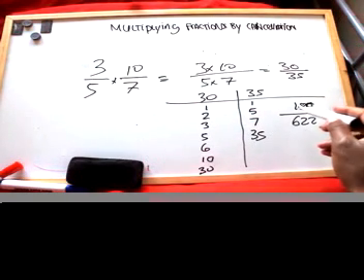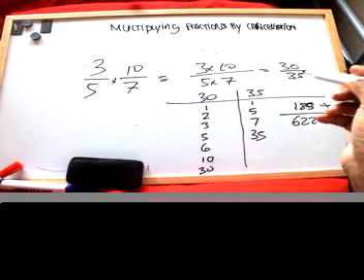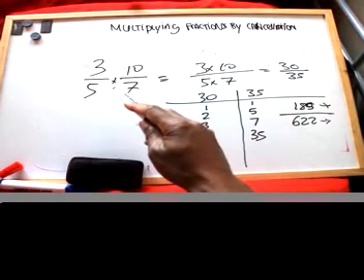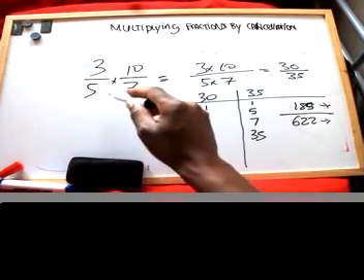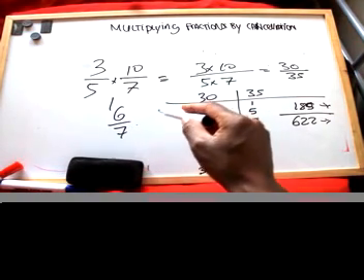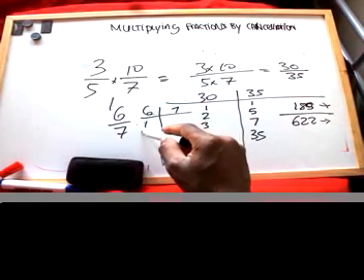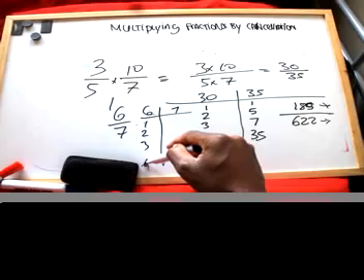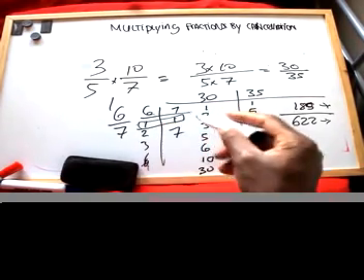You're going to have to write lots and lots of numbers to find all the factors of 622, and lots of numbers to find all the factors of 185. But if you do it this way, if you can cancel things down, we saw that this gave you a much simpler answer, which is 6 over 7. And then all you need to do is find the factors of 6 and 7, which is very, very simple.